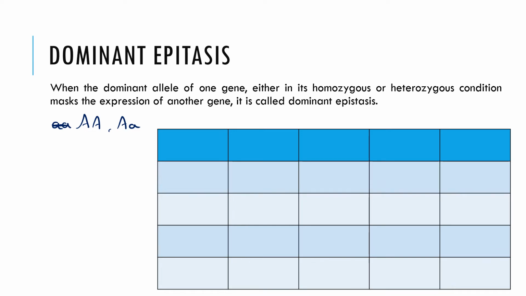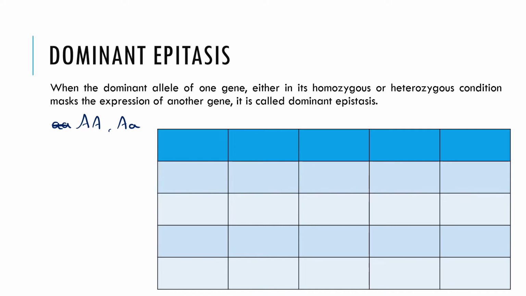In case of dominant allele or dominant epistasis, the parents will have a heterozygous kind of genotype, because if they are homozygous, there may be a possibility that they also have the masking of the gene.